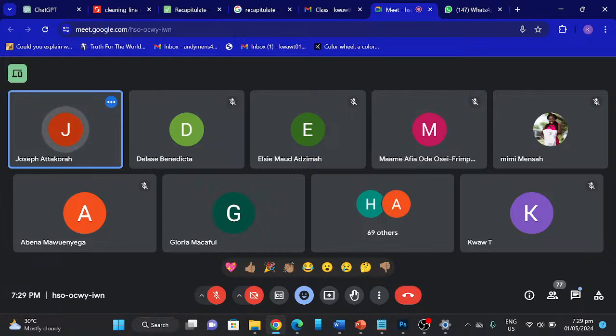So we have the pre-renal AKI, we have the renal AKI, and we have what? We have the post-renal AKI. So when you say pre-renal, the condition is outside the kidney.